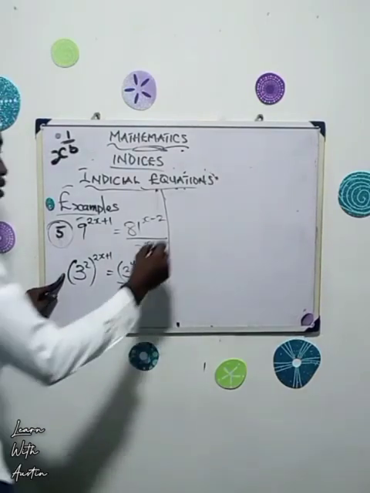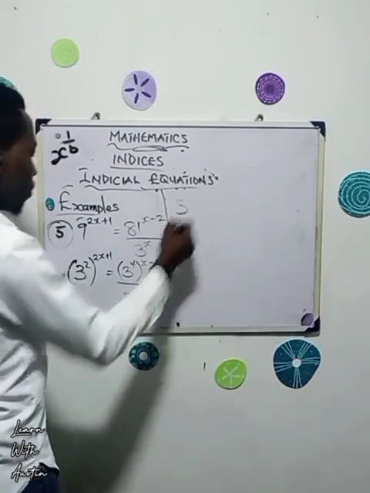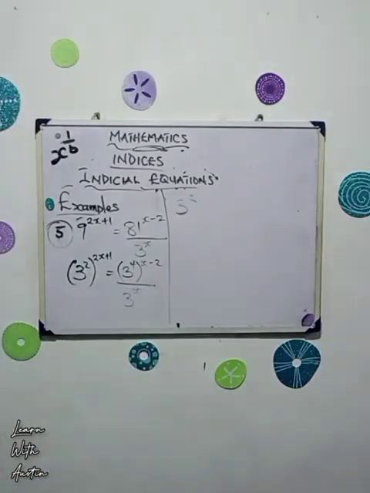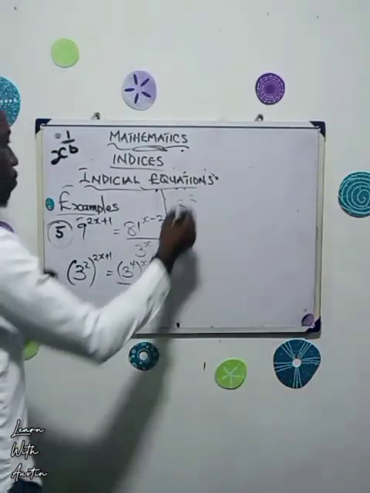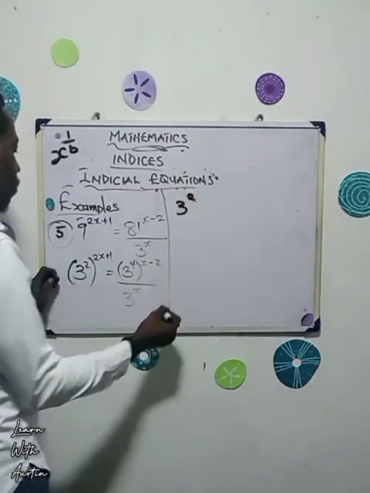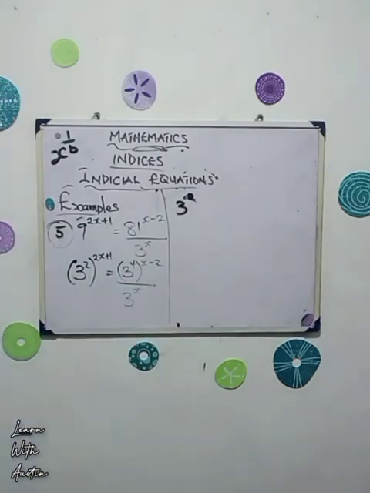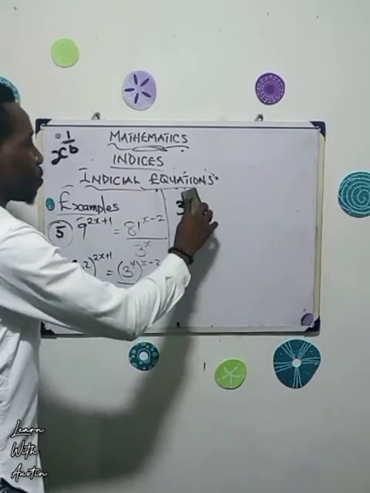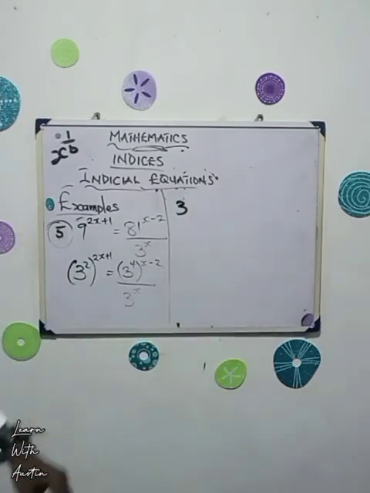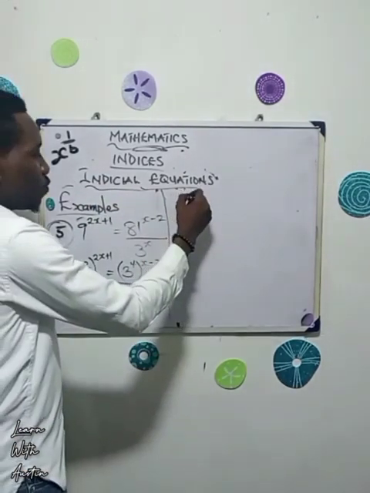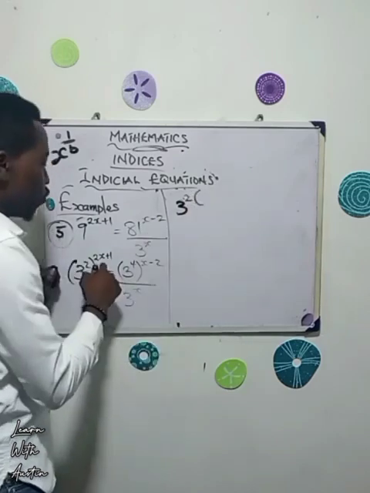So we're going to have 3 raised to the power of 2, in brackets, 2x plus 1.